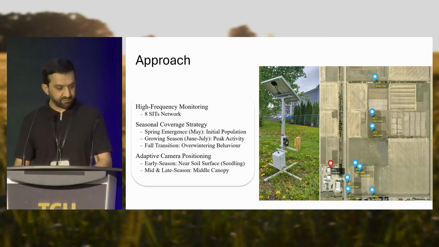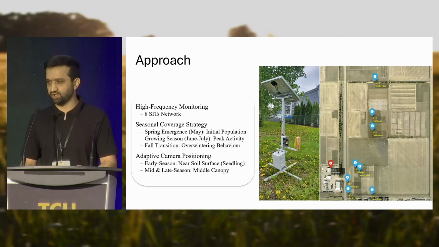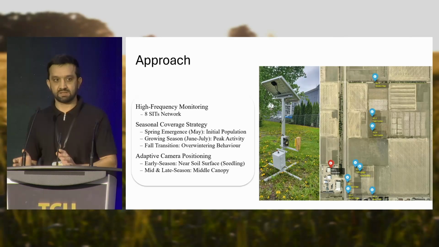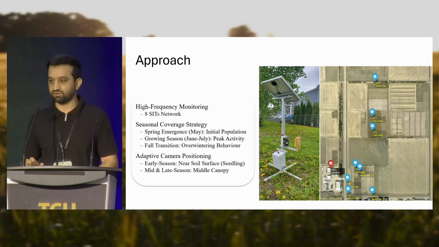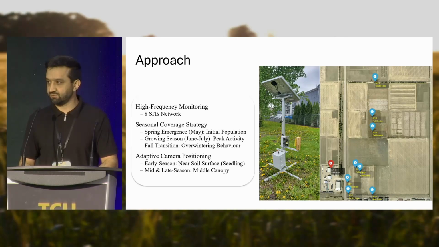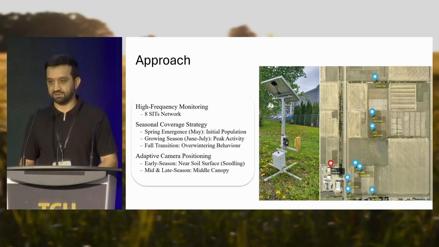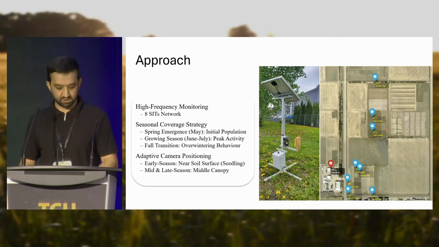We also implemented adaptive camera positioning to not only capture temporal data, but also the vertical movement of these insects. During the early season, we set up the camera near the soil surface to capture early season activity, and then later adjusted it as the crop developed.